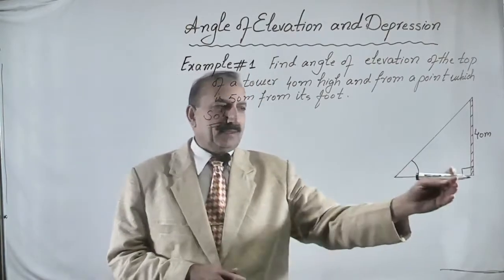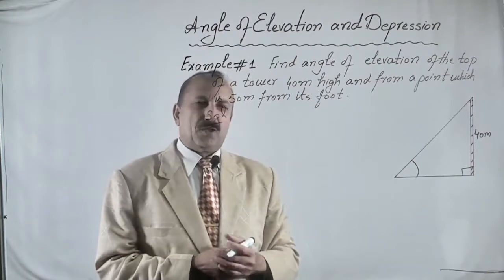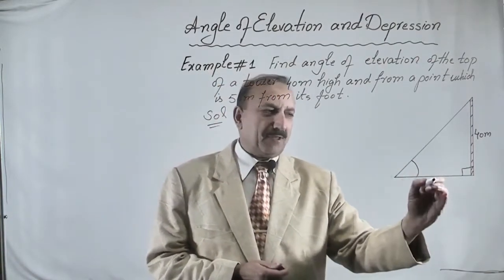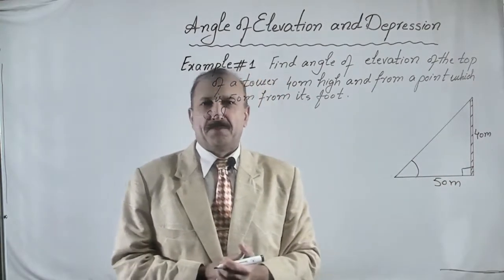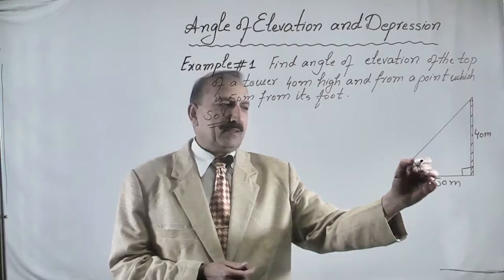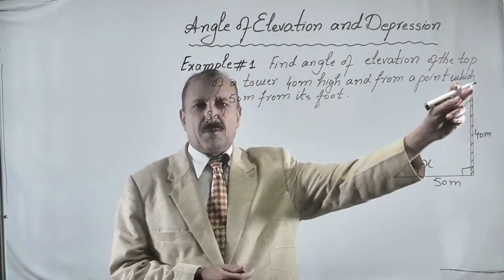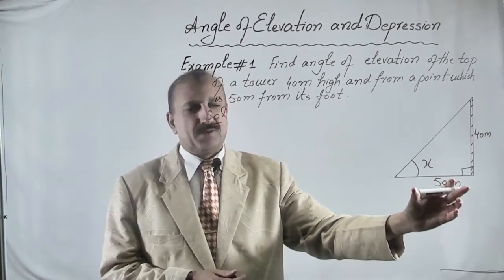And the observation point is where we are supposed to find the angle of elevation. This distance is given. This is 50 meter. We are supposed to find this angle of elevation from the top of this tower with the horizontal level, with this ground.